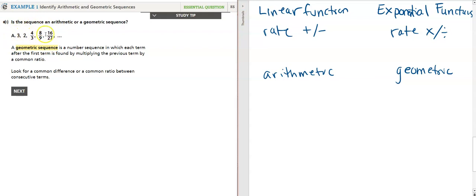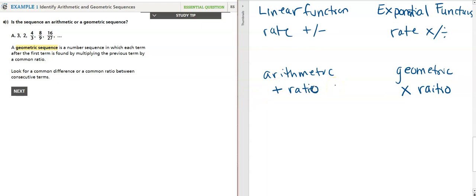If you look over here, this is an example. We're going to figure out, is this sequence arithmetic or geometric? A geometric sequence is a number sequence in which each term after the first term is found by multiplying the previous term by a common ratio. Here we're multiplying by a specific ratio, whereas in arithmetic we were looking for the difference between numbers.